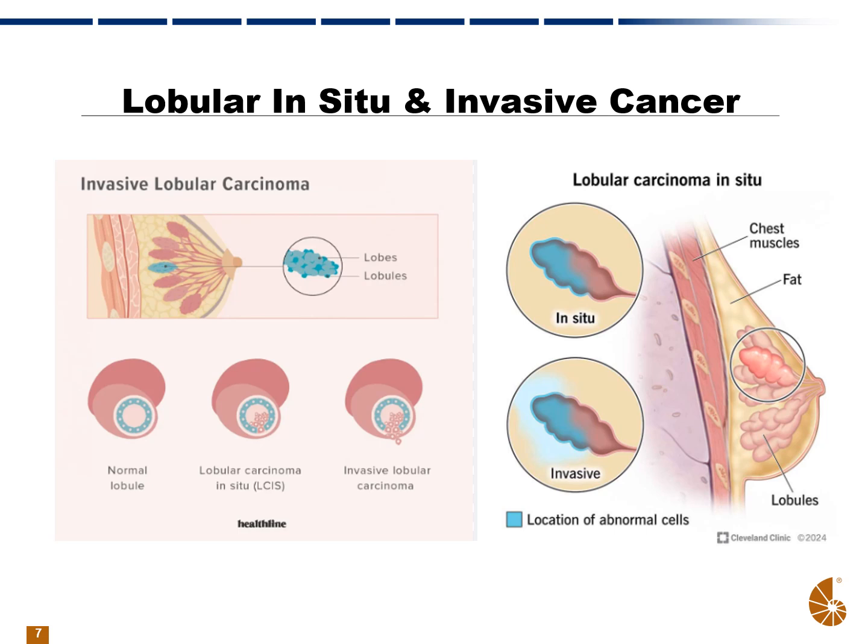So getting back to this lobular in situ and invasive cancer. What's the story on this? The lobules are pictured here in the picture to the left. A normal lobule, a lobular carcinoma in situ, so there's cells within the lobule, but they haven't broken through, and then invasive lobular carcinoma.